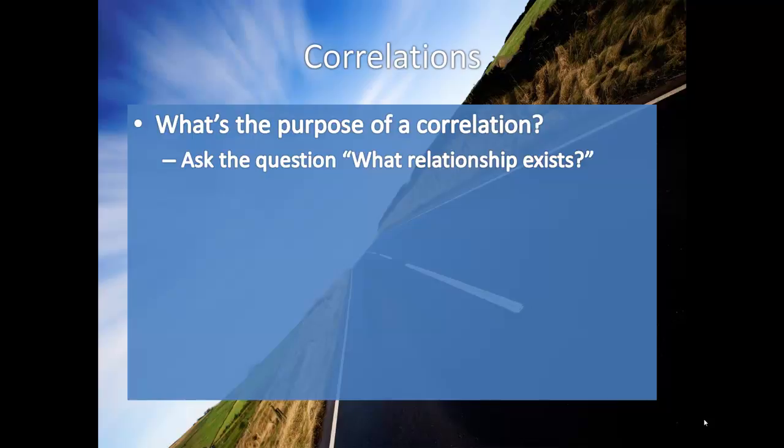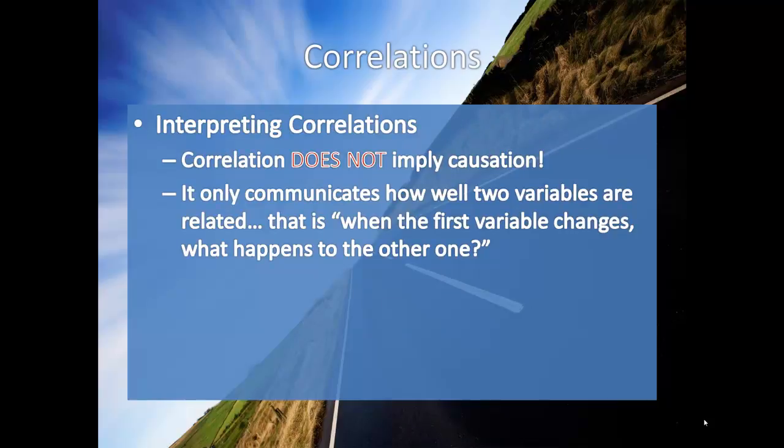The purpose of the correlation is to ask if a relationship between 2 variables exists, and that's it. So it's important to note that correlation does not imply causation. Actually, it's a logical fallacy to assume that just because 2 things happen at the same time, one causes the other without additional information.